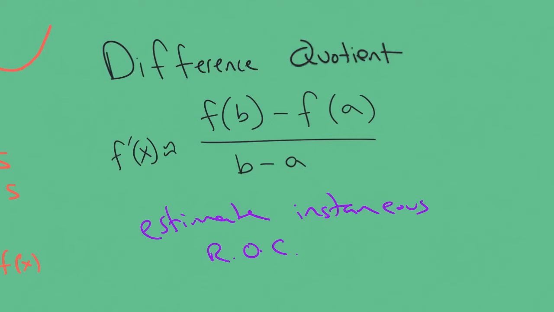The biggest thing you need to remember is that you basically take an x value, b, and an x value, a, and it's really just slope. It's average rate of change, but between two points that are really, really close to each other. So maybe you go with a and b to estimate the slope of the tangent line by calculating the slope of a secant line.